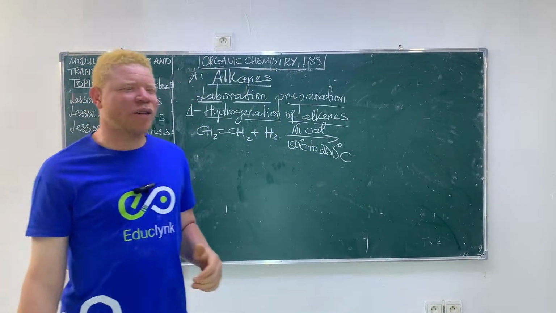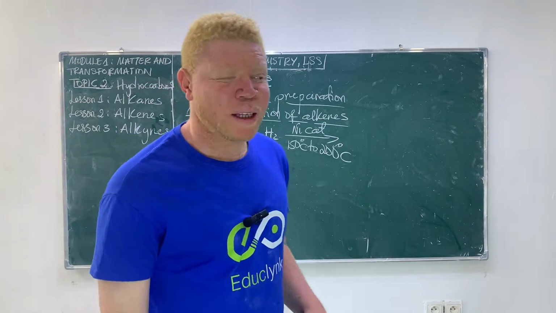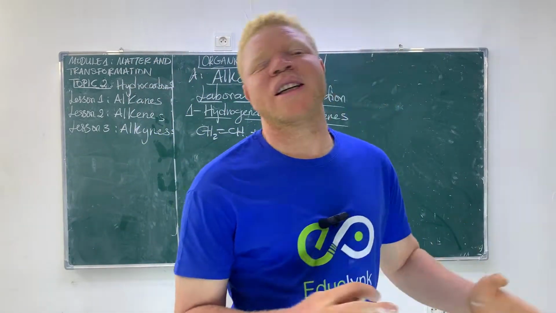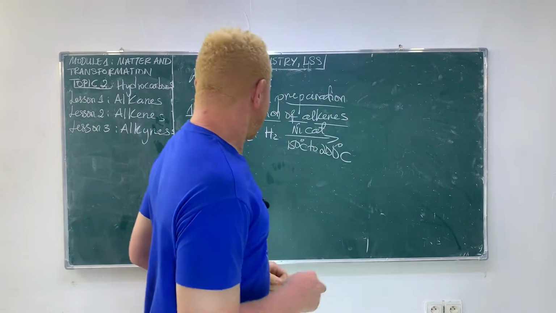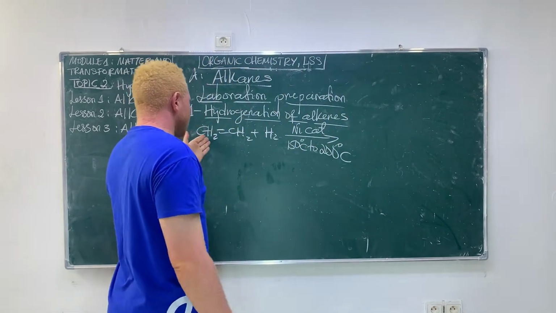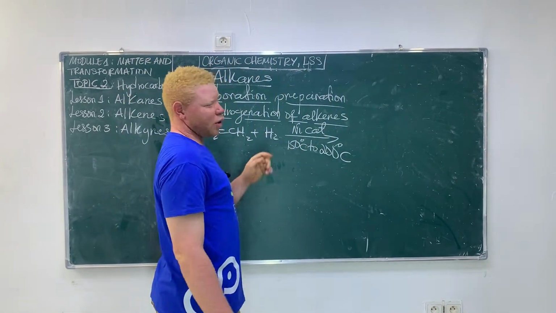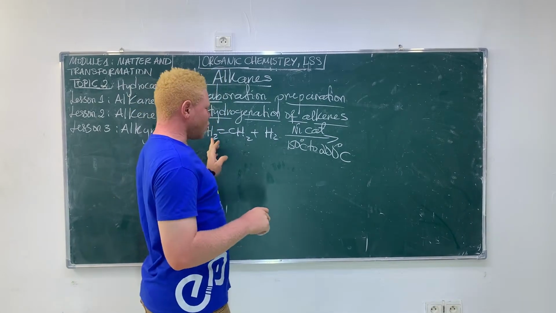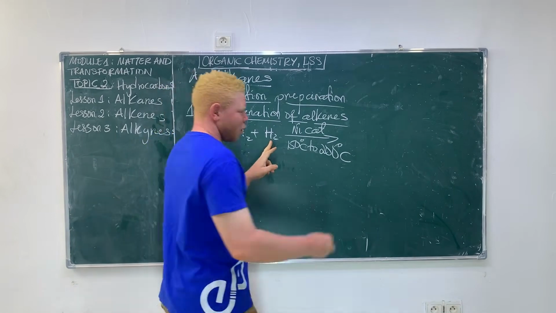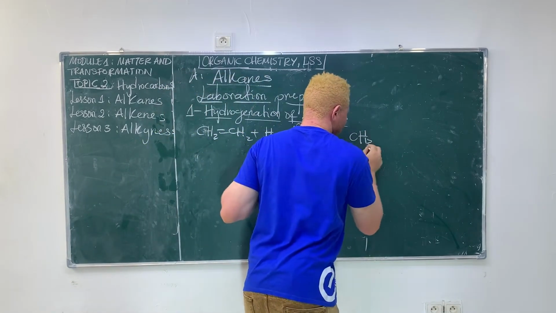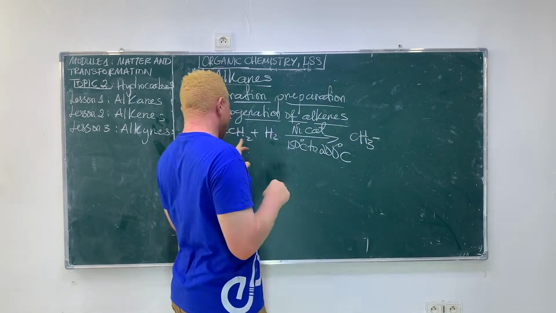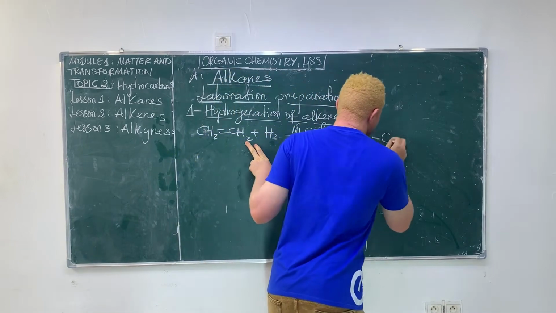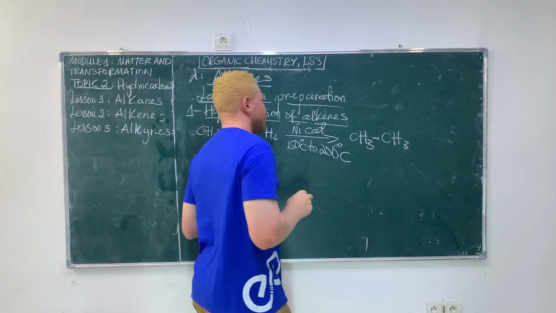The hydrogenation reaction is a syn addition, meaning the hydrogen atoms add from the same side of the double bond. At the end of the day, we have CH2 double bond CH2 plus H2. We have CH2 plus H, we're left with CH3, CH2 plus H again, we're left with CH3.